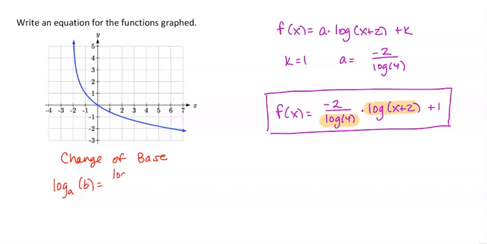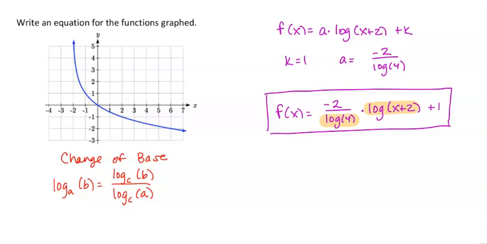We could pick some base and take the original argument on top and the original base on the bottom. Usually when we're using the change of base, we would choose something like base 10 or base e. We use it as a way to put something into our calculator.